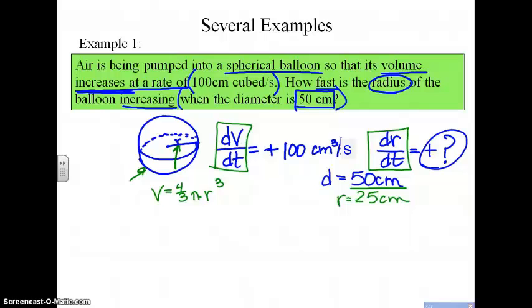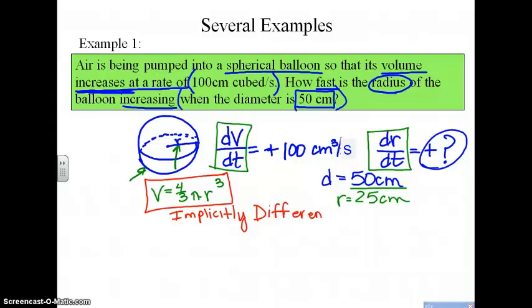So here's where, once we find what the relationship is between the rates in question, we are always going to implicitly differentiate with respect to time.